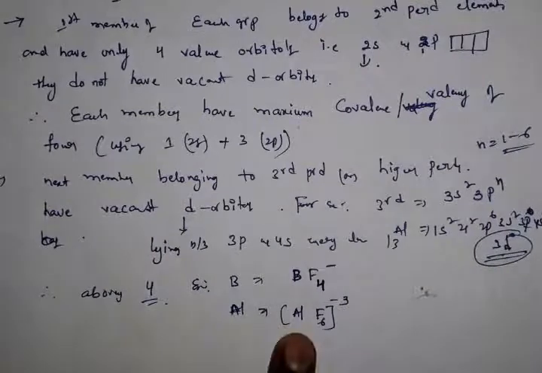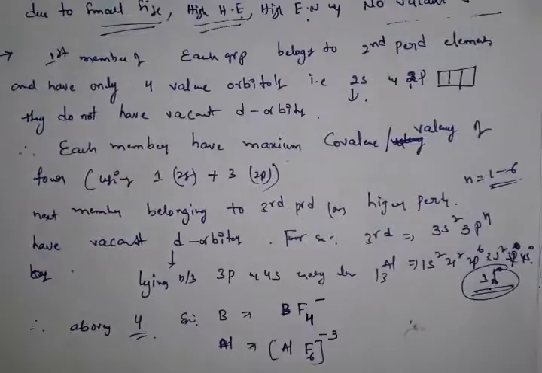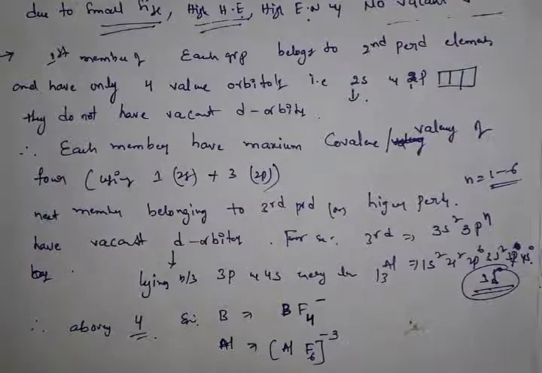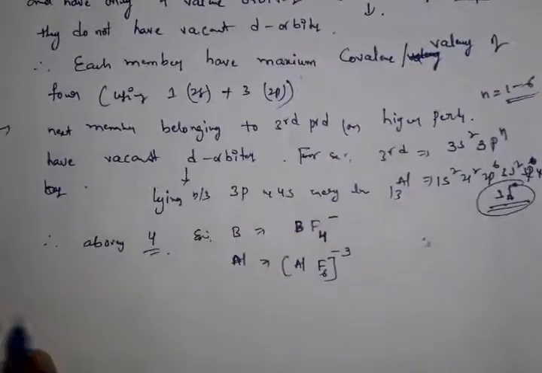So due to vacant d orbitals, heavier p block elements exhibit covalency more than 4, but second period p block elements show covalency up to 4.